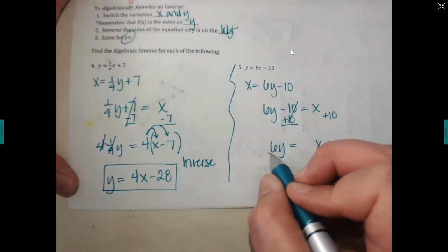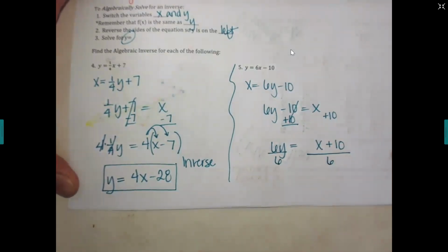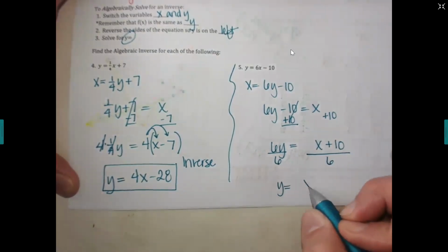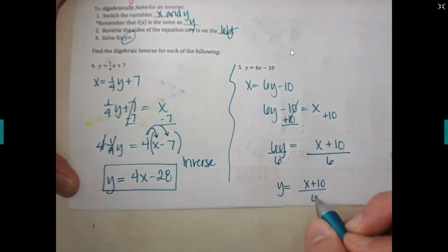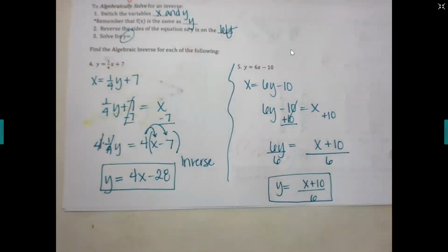But when you divide by 6, you need to do this whole thing divided by 6. Not just the 10, the x needs to be included as well. So it'll be x plus 10 over 6. That would be your equation for the inverse. If you did x plus 10 over 6 equals y, that's the same thing.